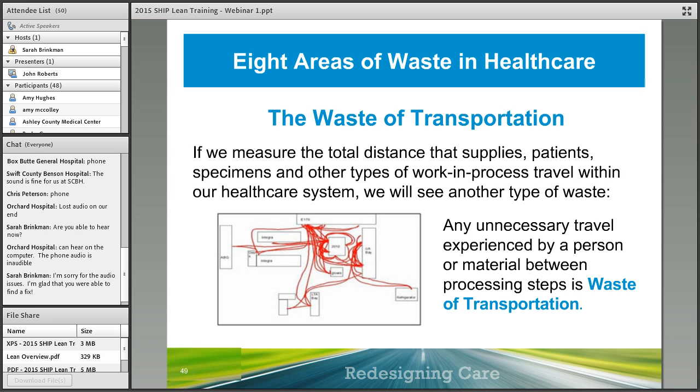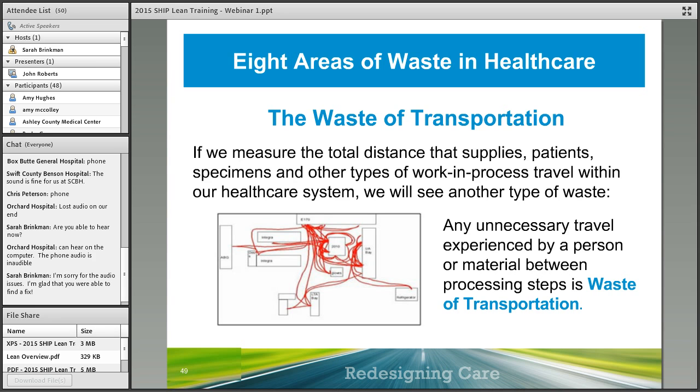The next area of waste in healthcare can be the area of transportation. And this is really the unnecessary movement of any product. And that product can be patients, specimens, materials, again, in the system. How that might look in a hospital setting, it could be such things as a poor layout.